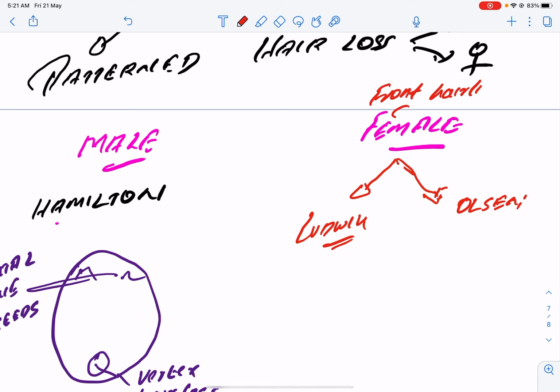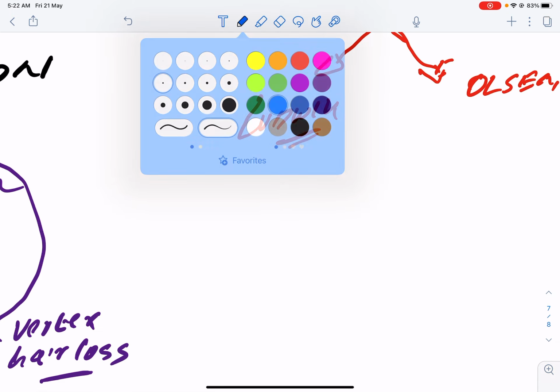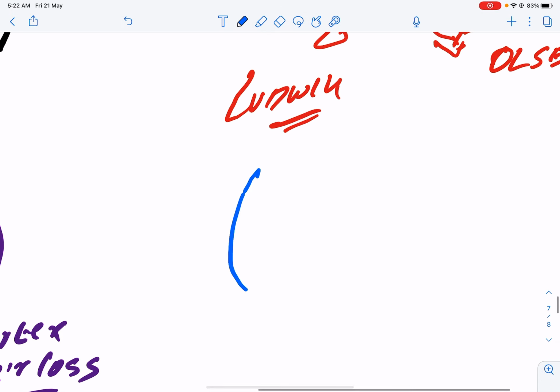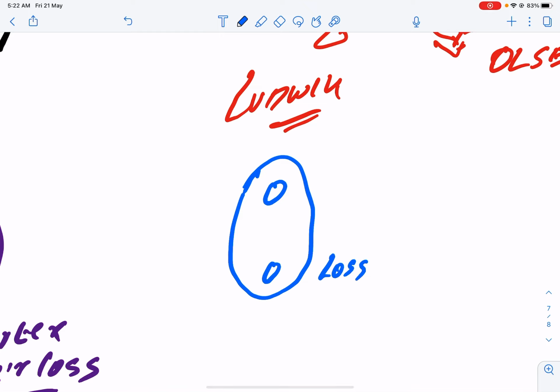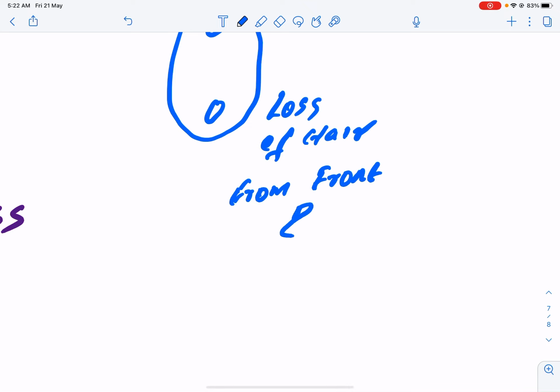In Ludwig, L-U-D, they lose the hair from the front and vertex.